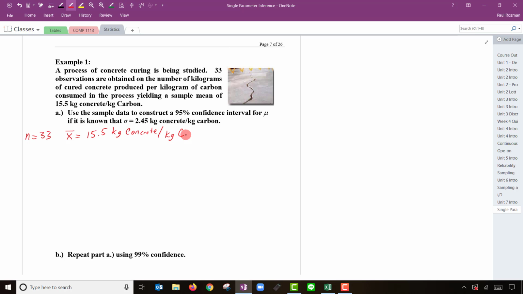I would probably also have calculated the standard deviation. I would probably have gotten an s out of that, but the data here doesn't tell me what that was.